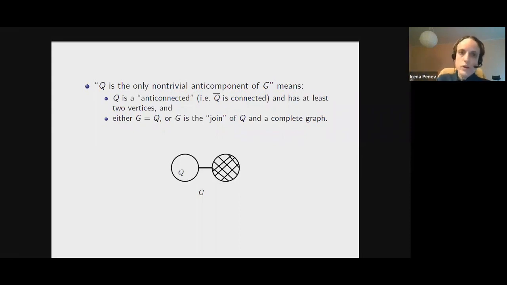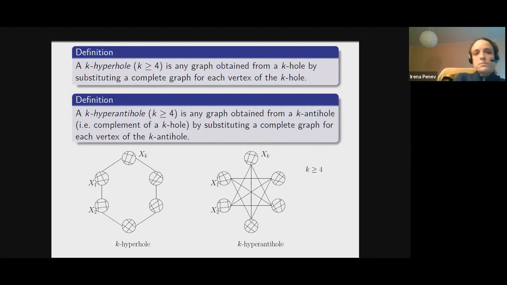Q is the only non-trivial anti-component of G. Again, that just means Q is anti-connected, and either my whole graph is that Q, or I can obtain the whole graph by taking this Q and then taking a complete graph and then adding all the possible edges.